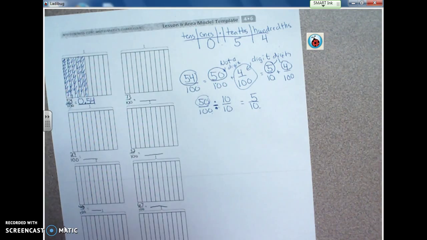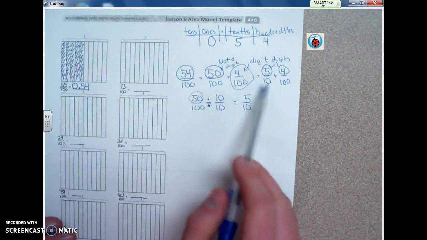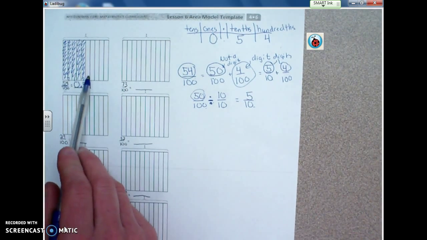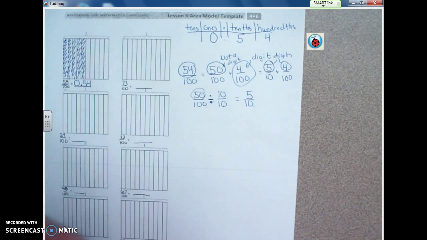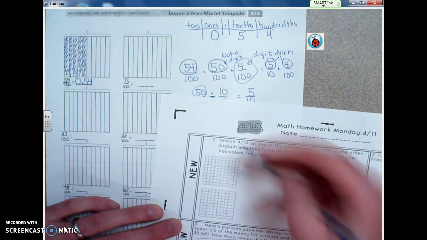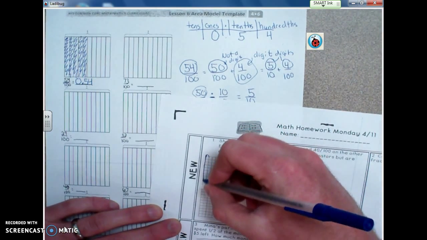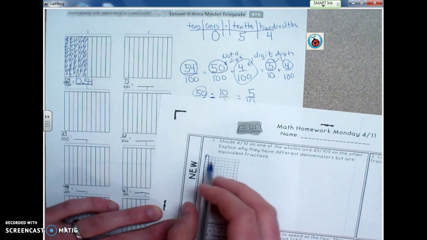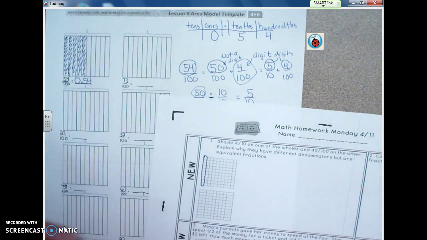What I know about my relationship between tenths and hundredths is that my tenths are 10 times greater than my hundredths. If I think back to my hundredths model, like on our homework, these are my tenths. To make hundredths, each tenth is broken into 10 pieces.